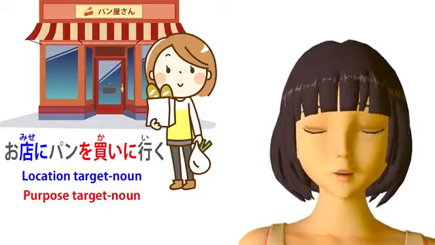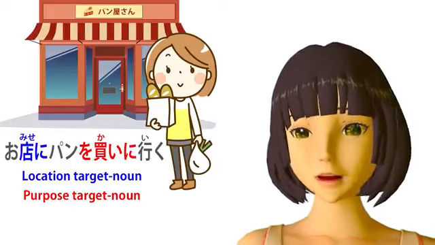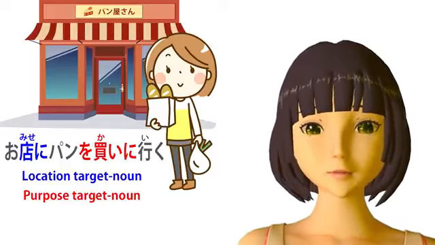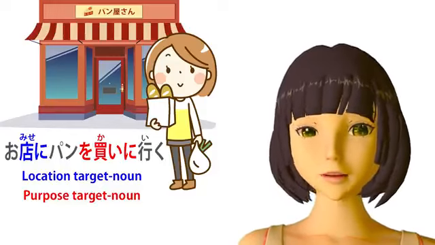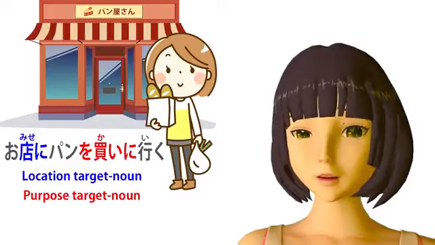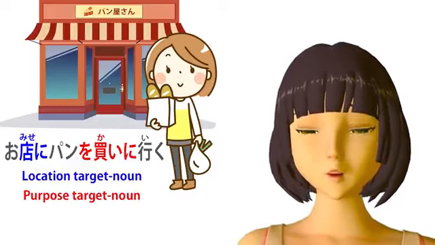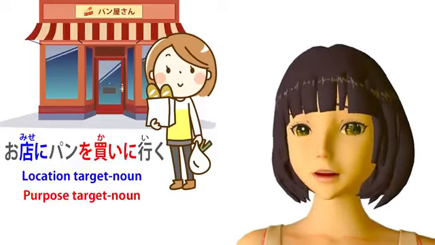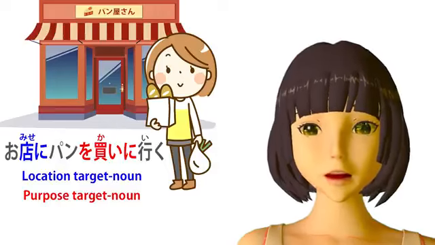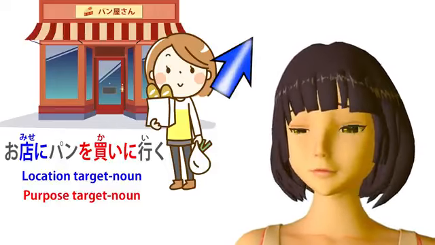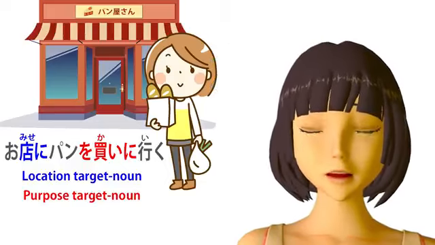And in the other example we're saying, I'm going to the shop for bread buying. This is how these are structured, and very few textbooks actually ever explain that what we're using here is the noun from the verb. And that's important, because as I've taught in our lesson on the logical particles, the five main logical particles can only be attached to nouns.